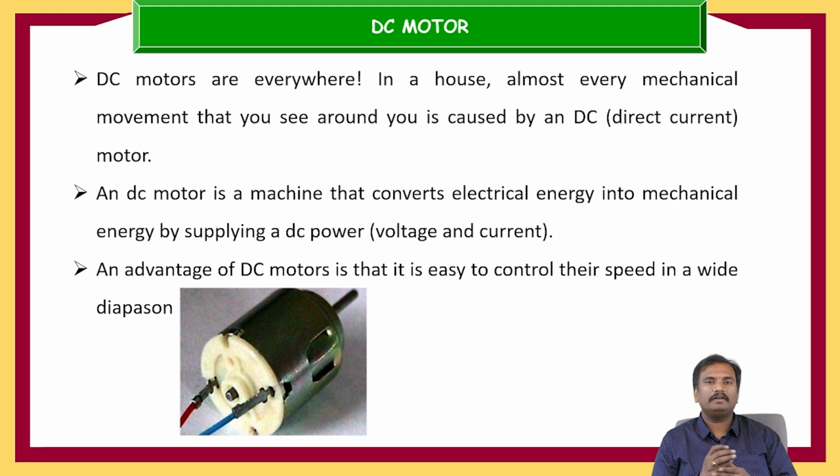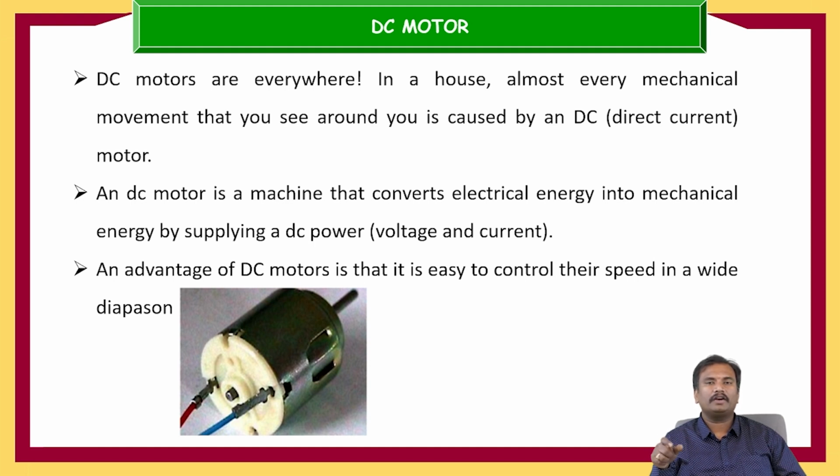Already we have discussed, there are two coils in the DC machine. One coil is used to produce the magnetic flux, and the second coil is to generate the voltage in the case of a generator. If it is a motor, the same coil will be used for generating the main flux.